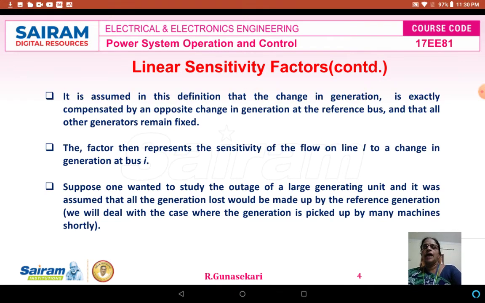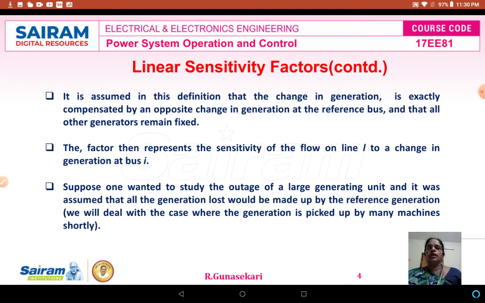As per the definition, the change in generation is exactly compensated by an opposite change in the generation at the reference bus. All other generators remain fixed.